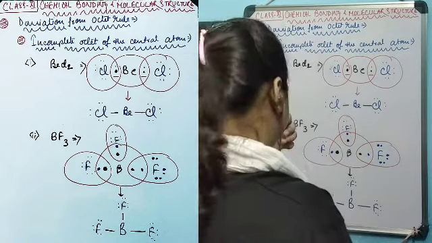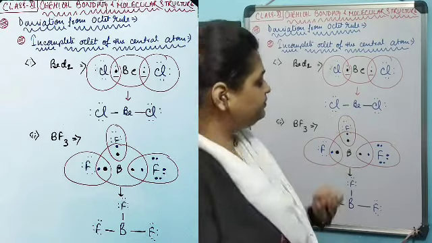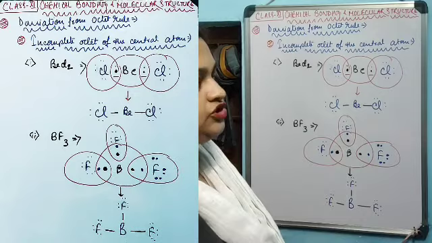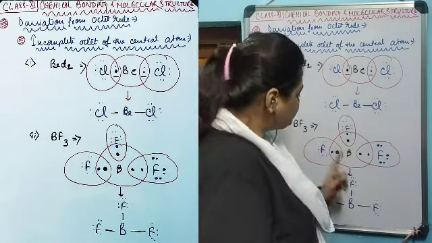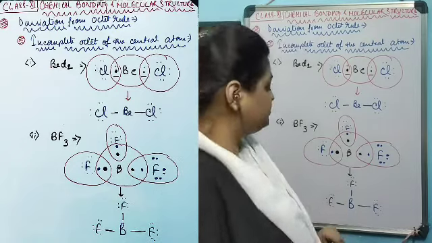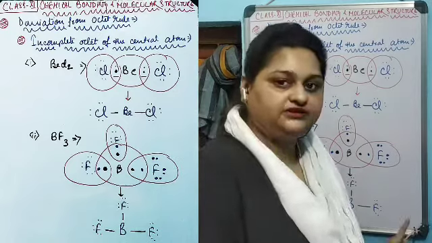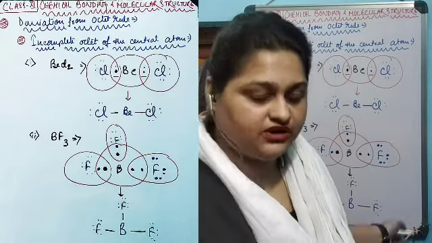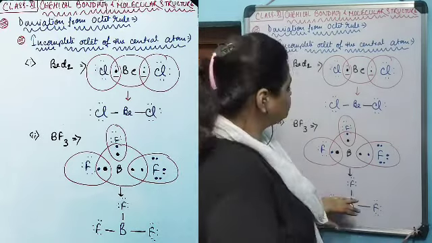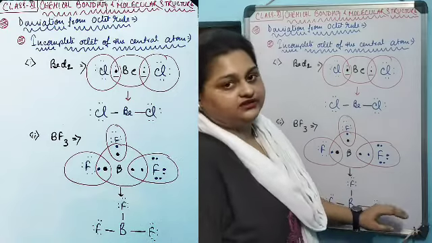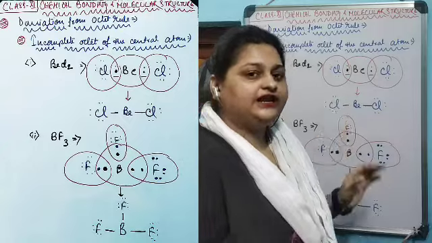In this Lewis dot structure, each fluorine has 8 electrons in its valence shell after the formation of this compound. But boron, the central atom, has only 6 electrons in its valence shell even after the bond formation. That is, the octet is incomplete for the central atom in this compound also. So these two compounds are quite stable, yet the central atom possesses an incomplete octet, which violates the octet rule.